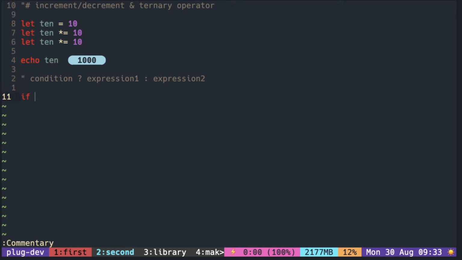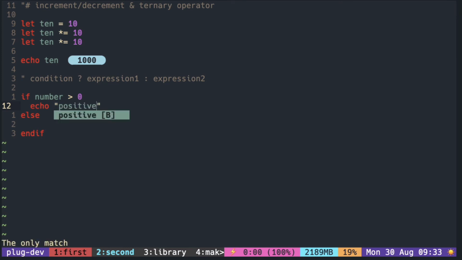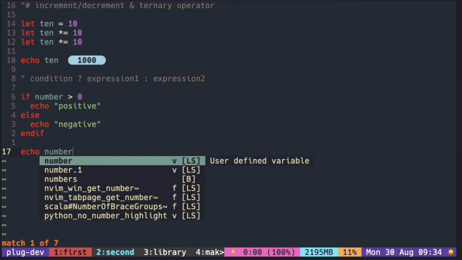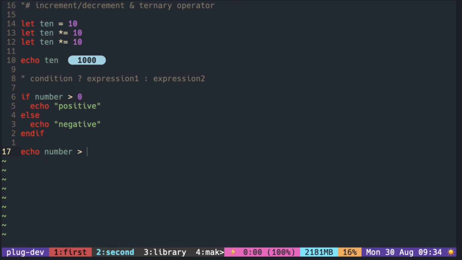So instead of doing this, you can use the ternary operator.